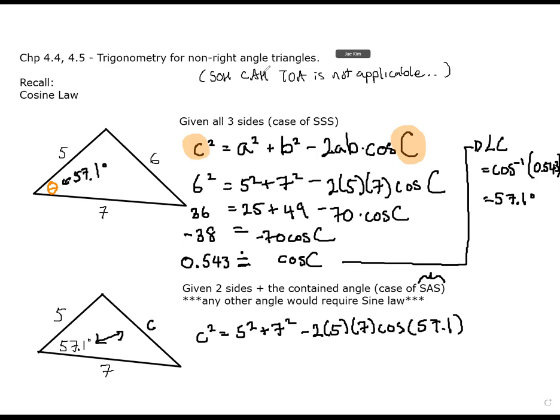Let me take a highlighter and do that for you. This C value and that angle have to be opposite pairs, matching side angle pairs. 25, 49, negative 70 cosine of 57.1.